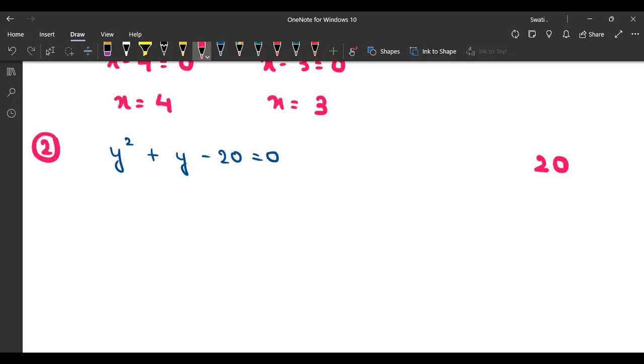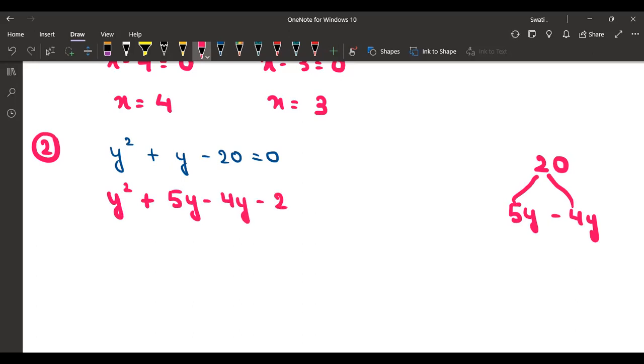And here I have to bring plus y, right? So if I take 5y minus 4y, that is plus 1y. And I'm also getting 5 times 4 as 20. So this is called middle term split. So you can write this as y square plus 5y minus 4y minus 20 equals 0.